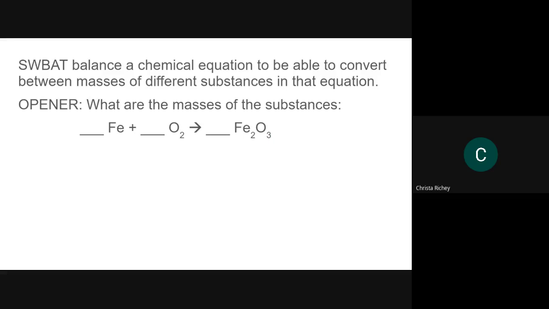So iron, well, first of all, what do you have to look at for masses? Periodic table. Okay, iron doesn't have a subscript. So when I find it on the periodic table, 55.845, it's going to round up to 55.85, but there's one of them.